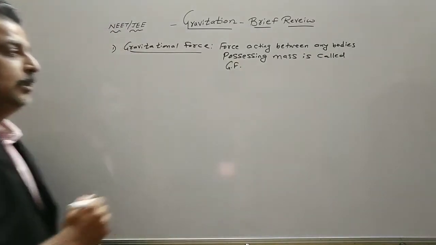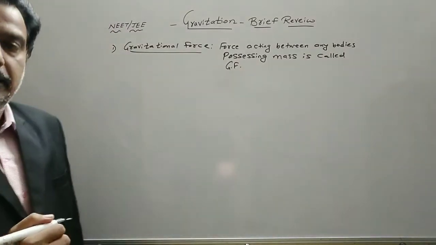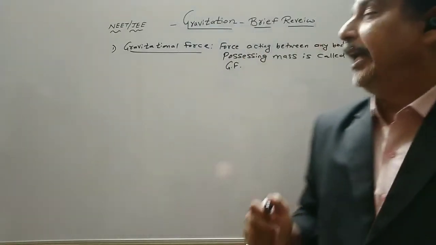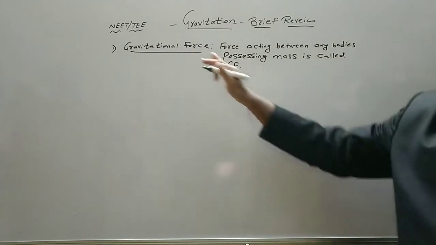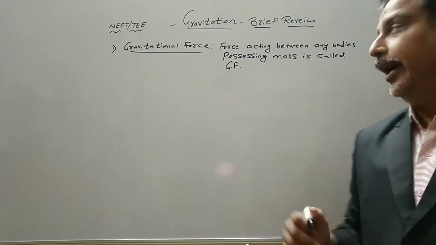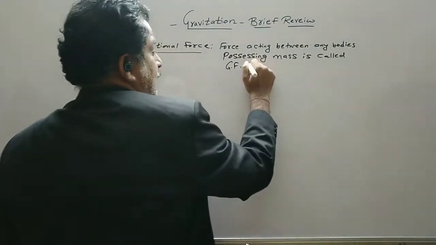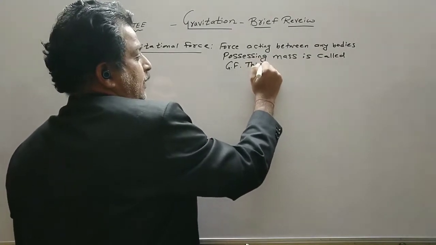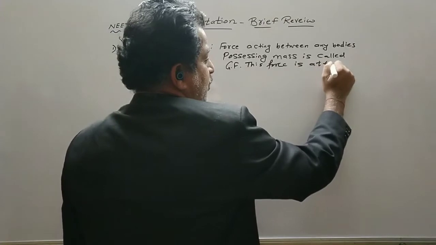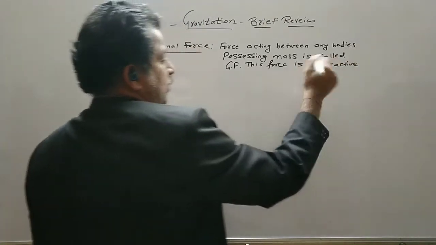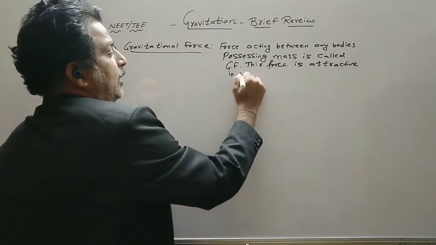Now we know that all the bodies possess mass. So any two bodies possessing mass have a gravitational force between them, and this force is attractive in nature.